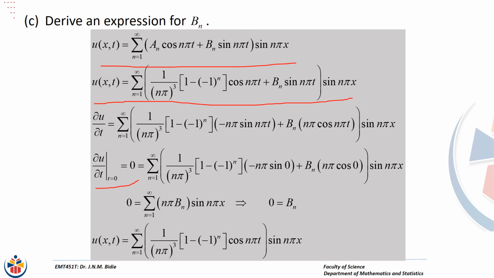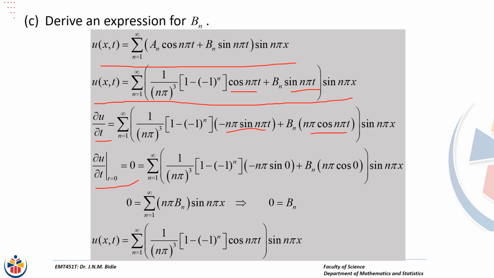Then it means that we have to first find the derivative of our u with respect to t. So that means you only differentiate cos n pi t and sin n pi t. Hence, I've got those answers there. Please check if my differentiation is correct.